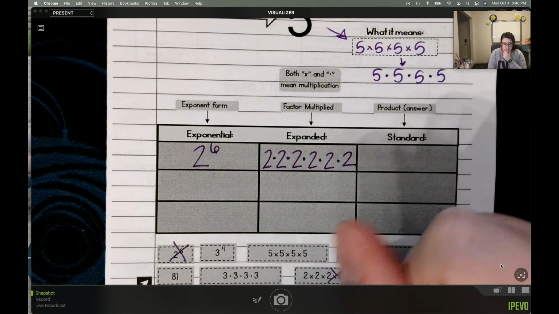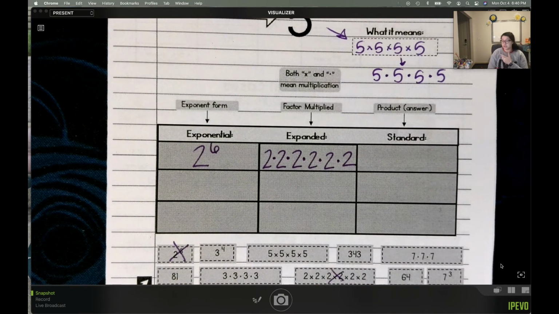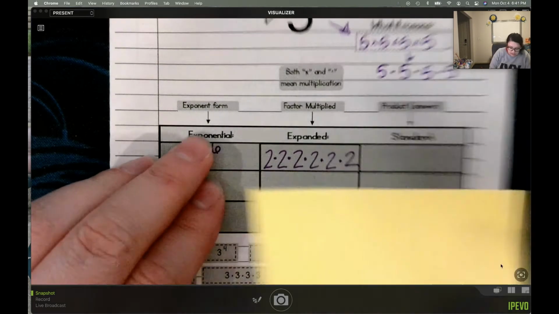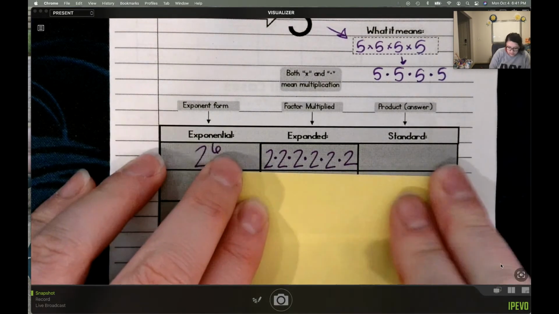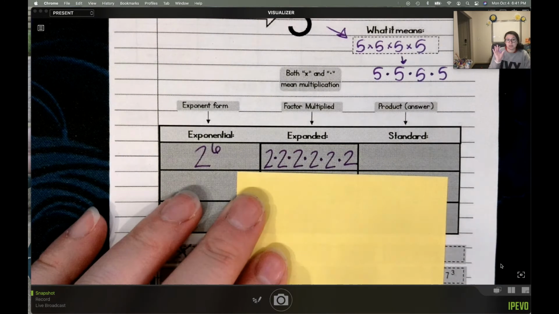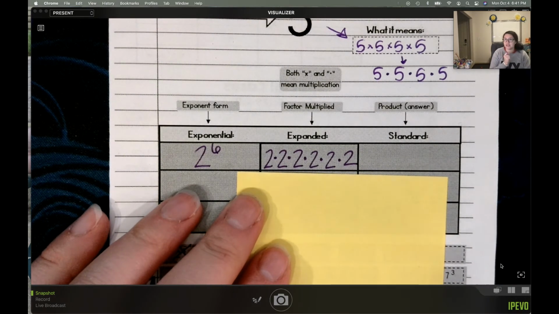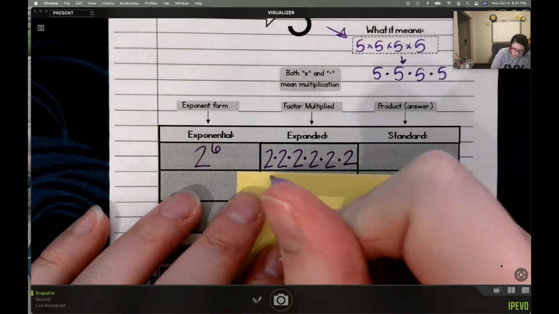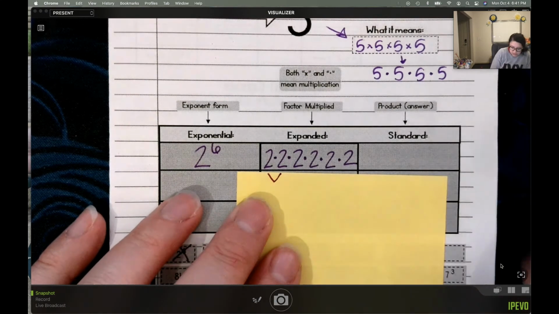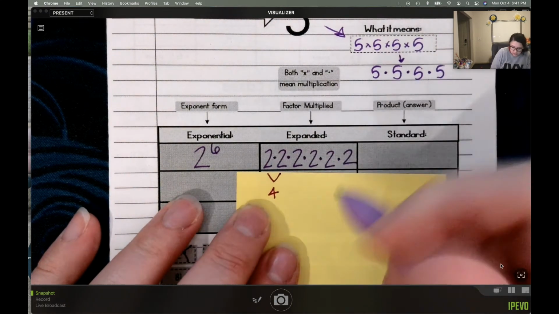You're going to need to be able to multiply this out for this standard. So if you want to write it on the back side, you can write it on one of the sides somewhere. I'm going to write it on this sticky note. I'm going to break up these sections to make it easier on myself. First I'm going to do 2 times 2, which is 4.